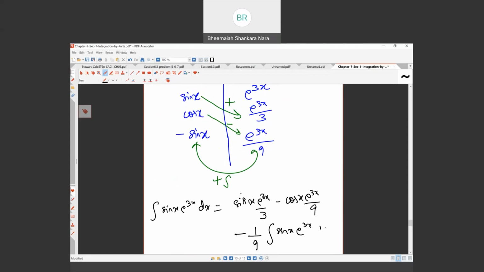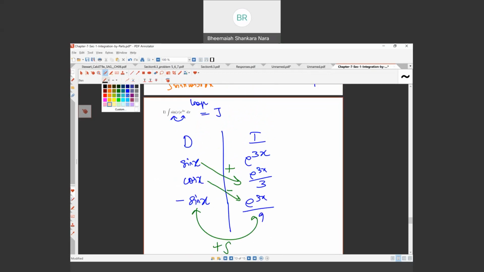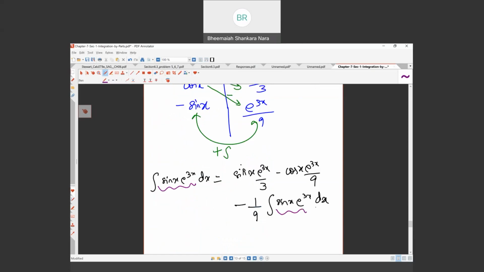Now you stop at this point and observe the given integral. We renamed the integral as integral J, sine times exponential 3x. And you see here we have sine times exponential 3x again. So rename this entire integral here as J.